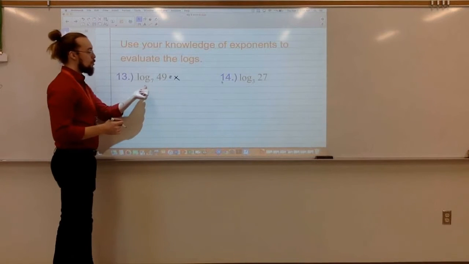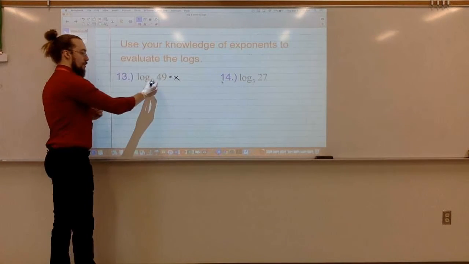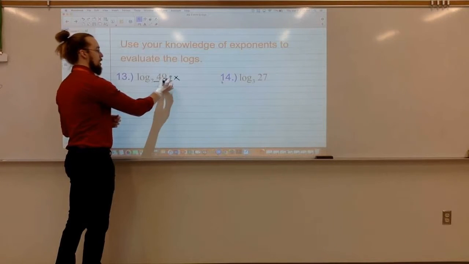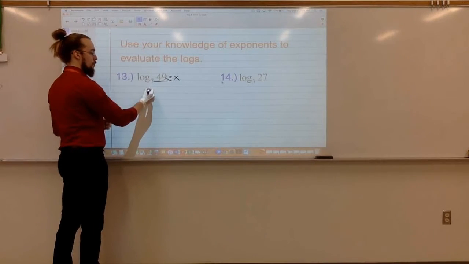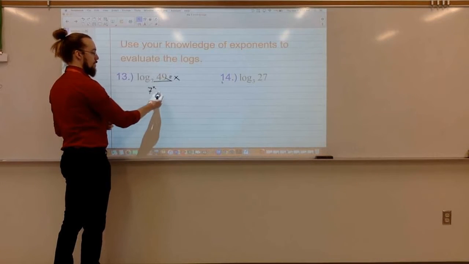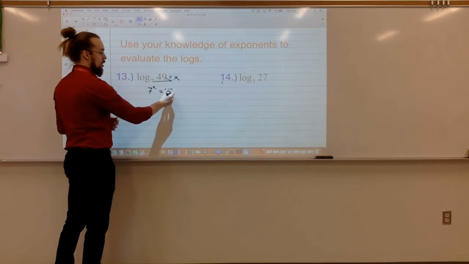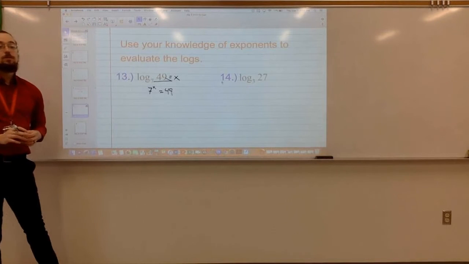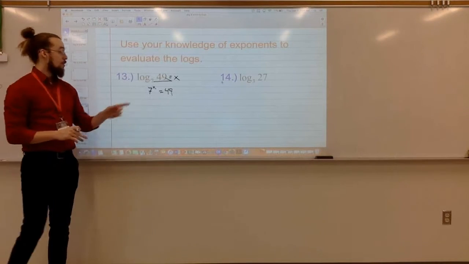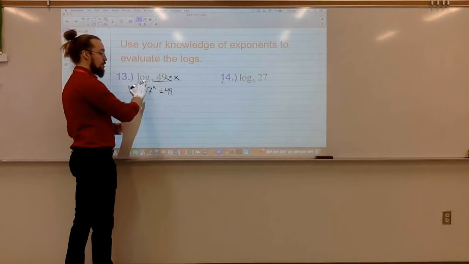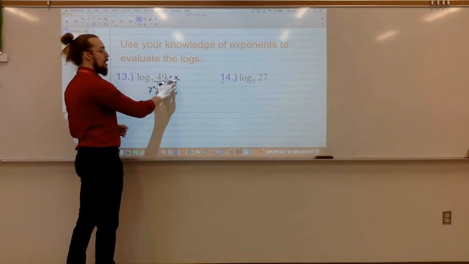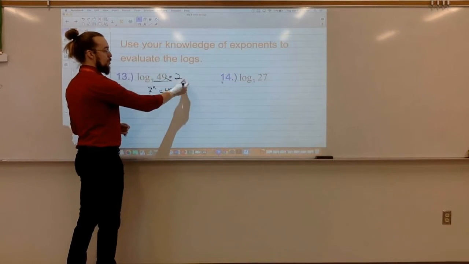So what we're trying to figure out is, if I think about rewriting this as an exponential, 7 to what power equals 49? Second power. Okay, 7 squared is 49. So in this case, we would say log base 7 of 49 is equal to 2.